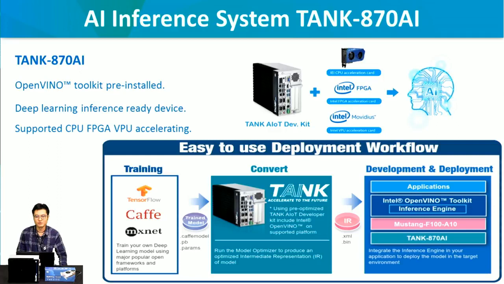And the OpenVINO toolkit was pre-installed in the Tank-A IoT development kit. So once you gather the Tank-A70 AI and the Mustang-F100-A10 card, you put that together, then you can start your deep learning inference right away.